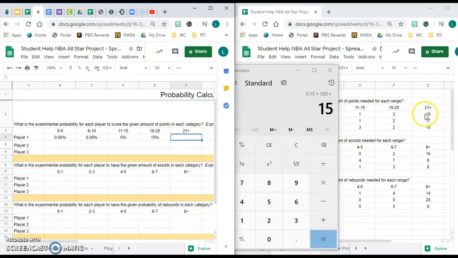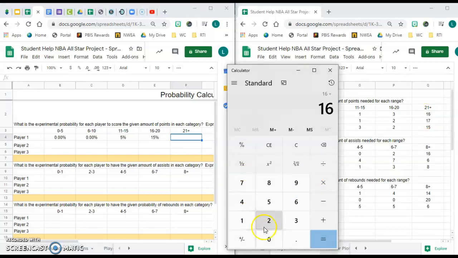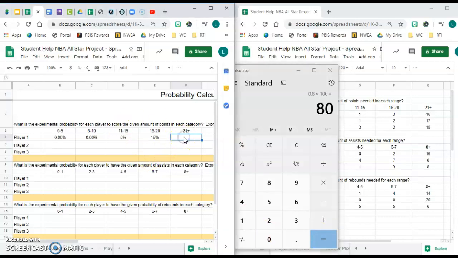LeBron's biggest number is 16, and that means that in 16 games he scored more than 21 points. So we do 16 divided by 20 times 100, and we get 80. So 80% of the time he's scoring more than 21 points. That's impressive. That's over half the time, and that's a good thing.